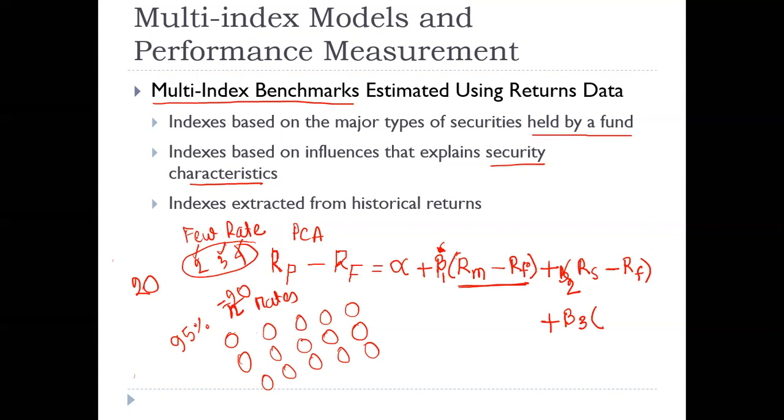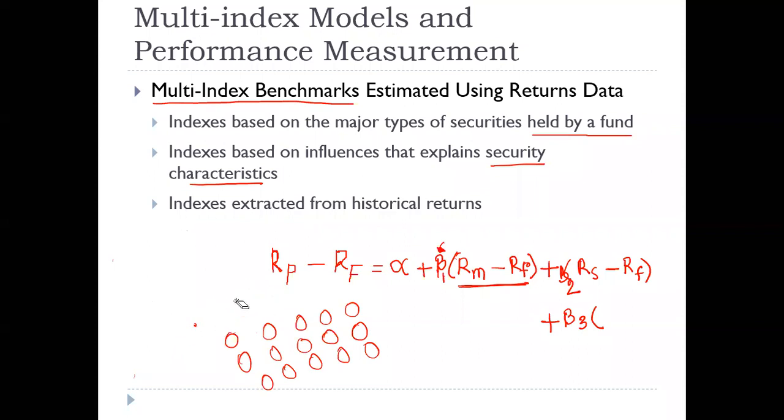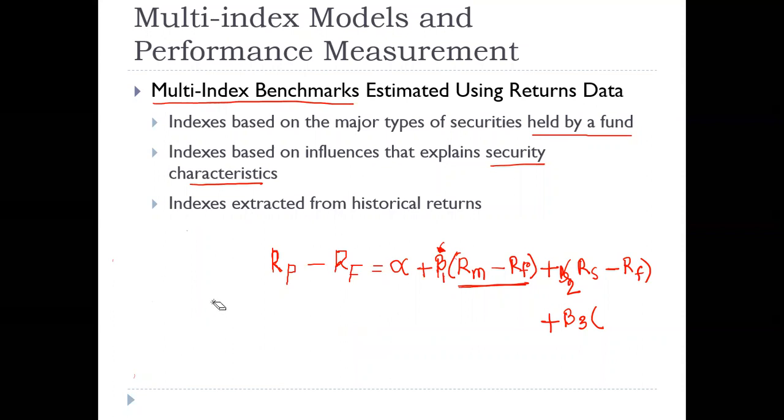Now, if I ask about the indexes which exist in our world, how many indexes exist in the world? More than 10,000? Or is it within 100?